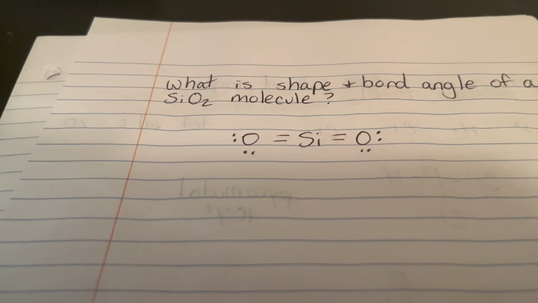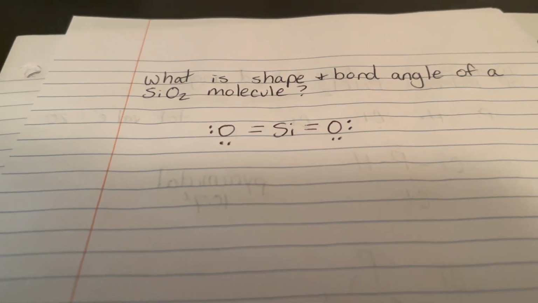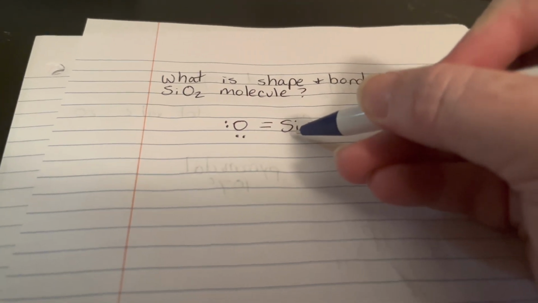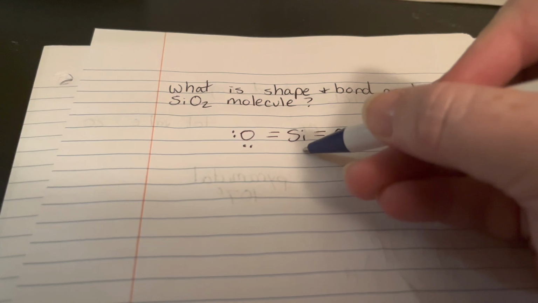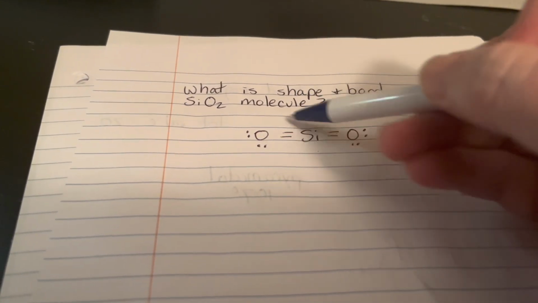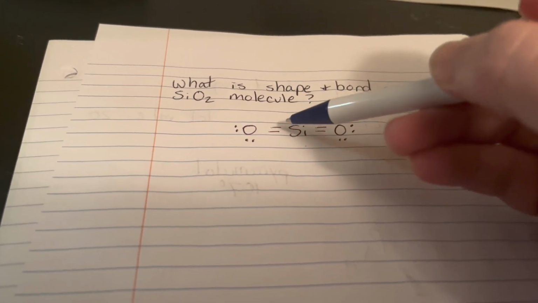Count my valence electrons. And how many groups of electrons do I have around my central atom? I hope you only say 2. This is not 4, it's 2. Remember, a double bond is counted as 1 group. It's doubly extra strong, right?